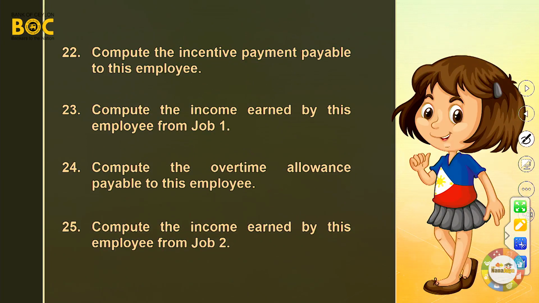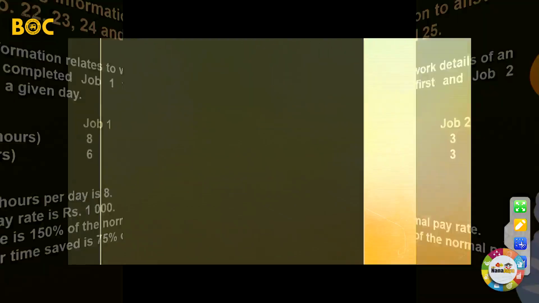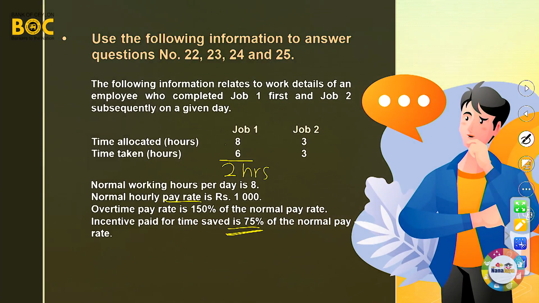Compute the incentive payment payable to this employee. Time saved we calculated as 2 hours, and for 75% you make the incentive payment. The hourly rate is 1000. The 8 hour job he has completed in 6 hours, saving 2 hours.